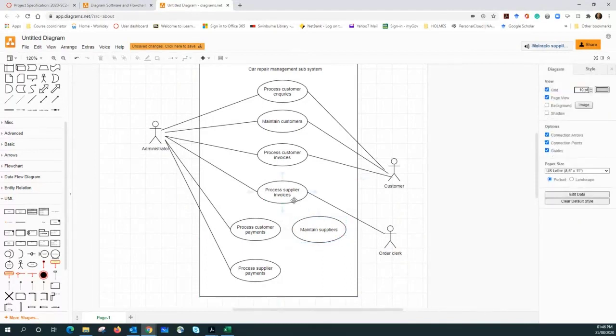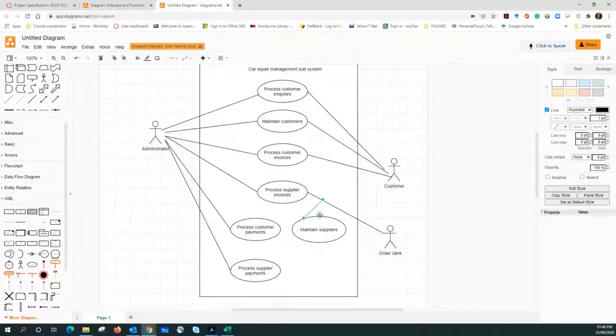So maintain suppliers. This use case is taking the service from this use case, right? For that we need a dash arrow. So we can make it a dash arrow and put the dash line between these two.